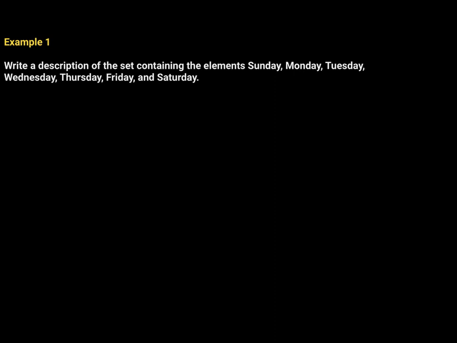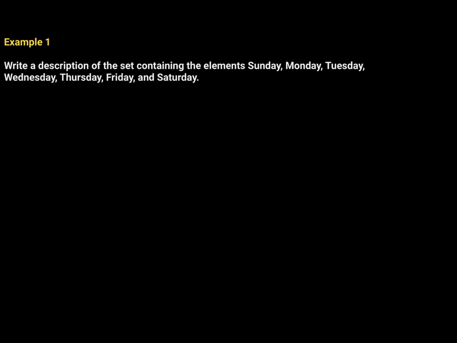Okay, so for this first example, this is an example of a description. Okay, and it's really, really simple. This first example says, write a description of the set containing the following elements: Sunday, Monday, Tuesday, Wednesday, Thursday, Friday, and Saturday. Okay, so this is really simple, all right? A description would just be using words to describe what these elements are.